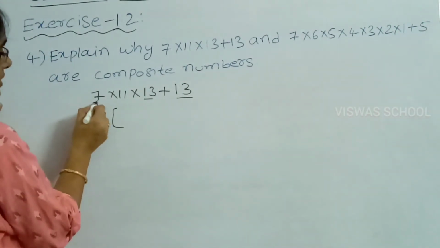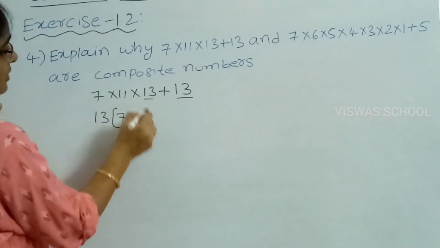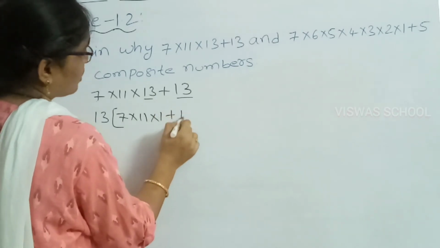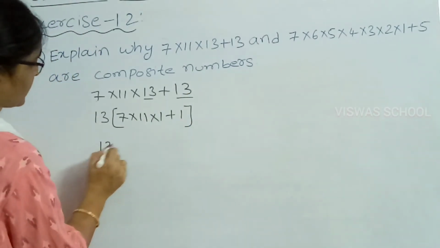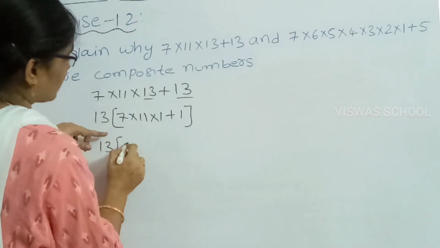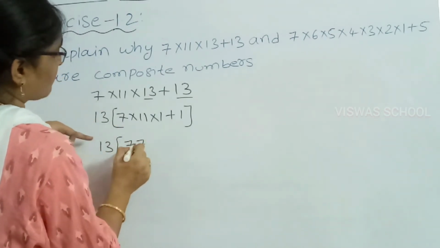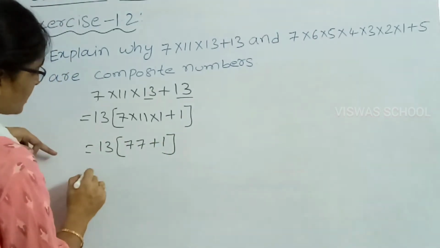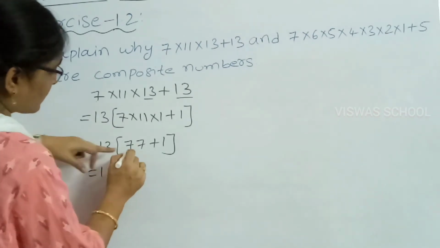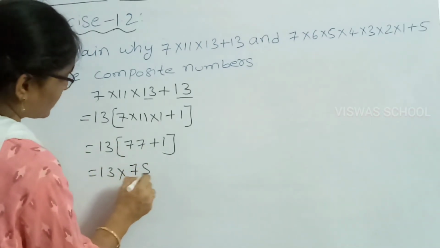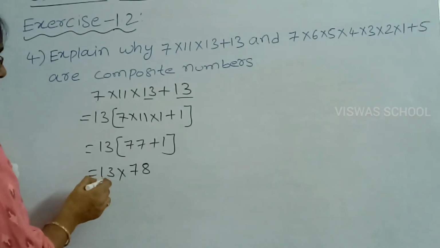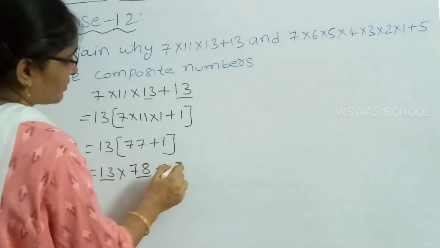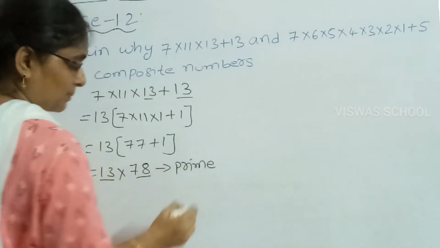Now the remaining here is 7 into 11, and here 13 is common, into 1, plus 1. Now 13 into 7 into 11 is 77, plus 1. That is 13 into 77 plus 1, which equals 78. Once you observe this 13 and 78, these two are prime numbers.